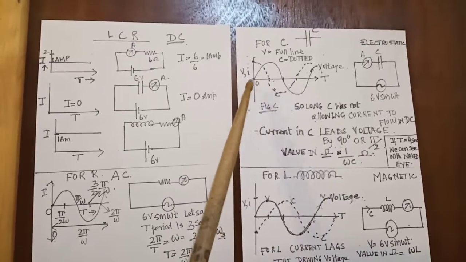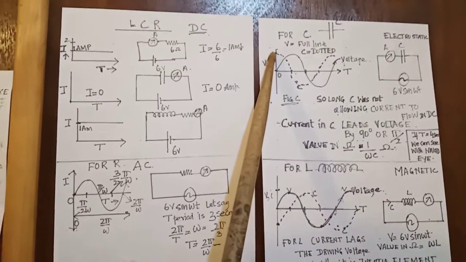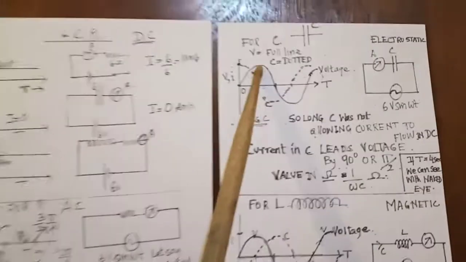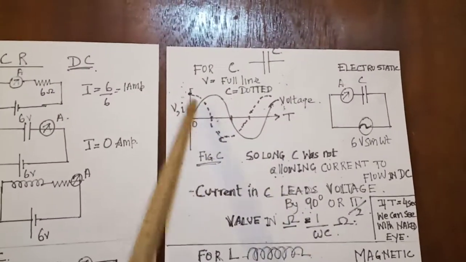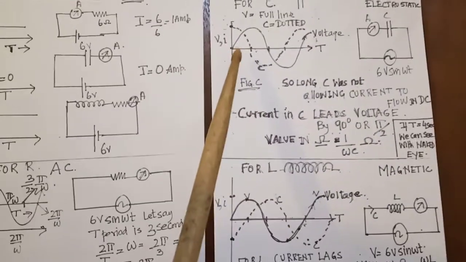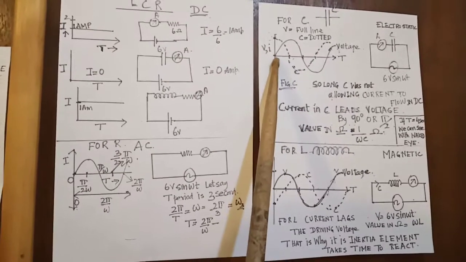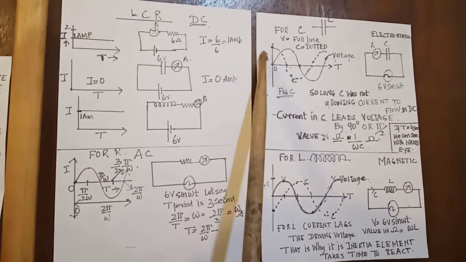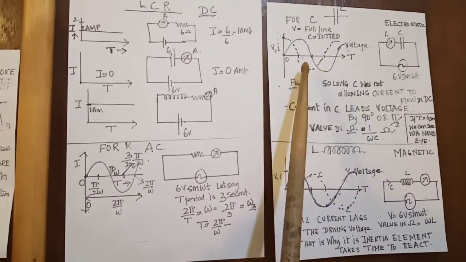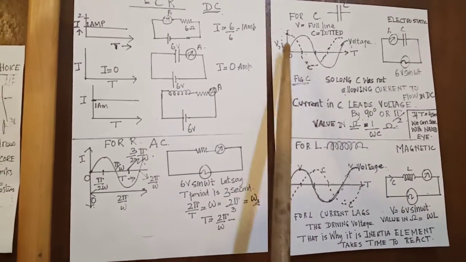Look here. When the voltage is 0, the current is maximum. When the voltage is maximum, the current is 0. Which means the current is leading the voltage by an angle of 90 degrees.